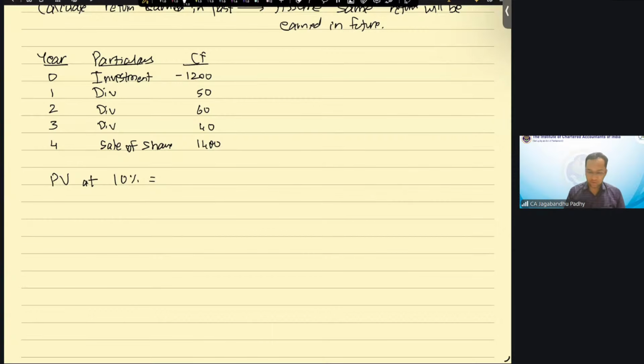So present value at 10% will be what? 50 upon 1.1 plus 60 upon 1.1 square plus 40 upon 1.1 cube plus 1400 upon 1.1 raised to 4. Okay. So just try to calculate the present value at 10%.